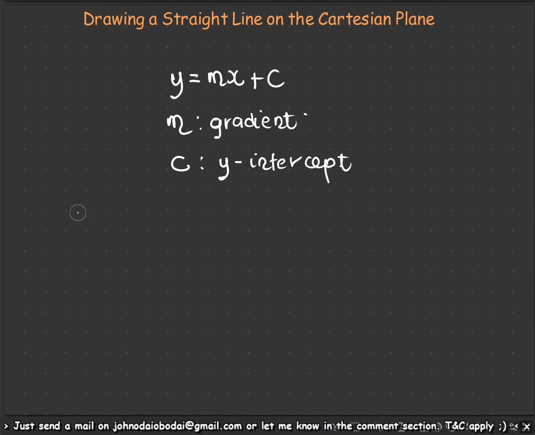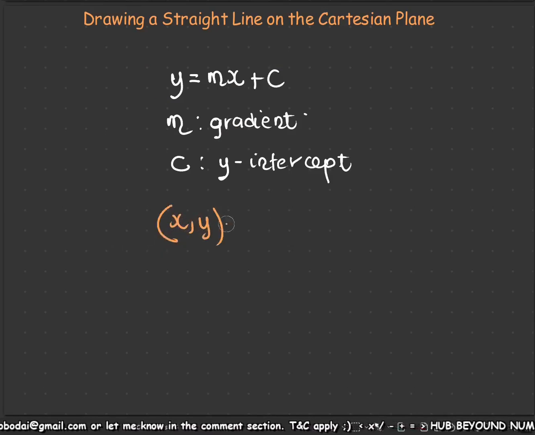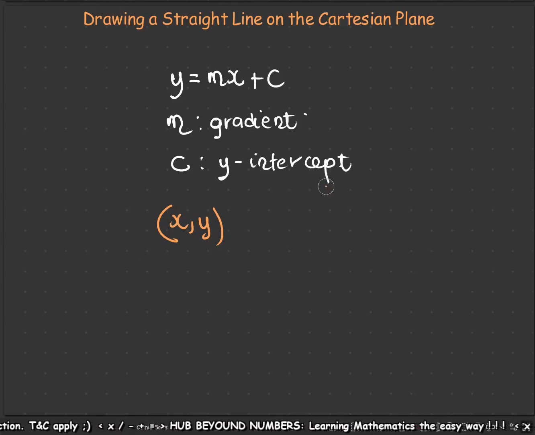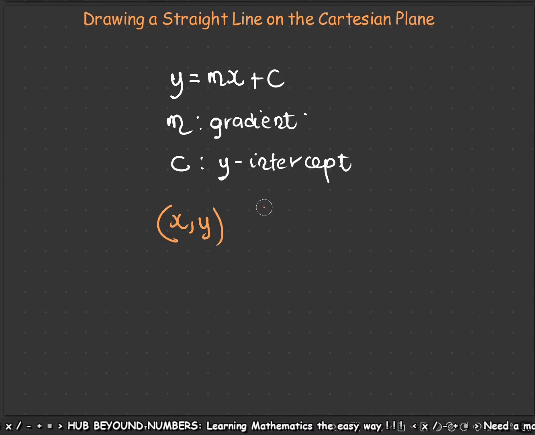And with that, we are going to get pairs of coordinates in the form x and y, which is best represented on a table. If you're able to represent this on a table, you then plot the points on your Cartesian plane, and then you join the points with a straight line using a ruler.